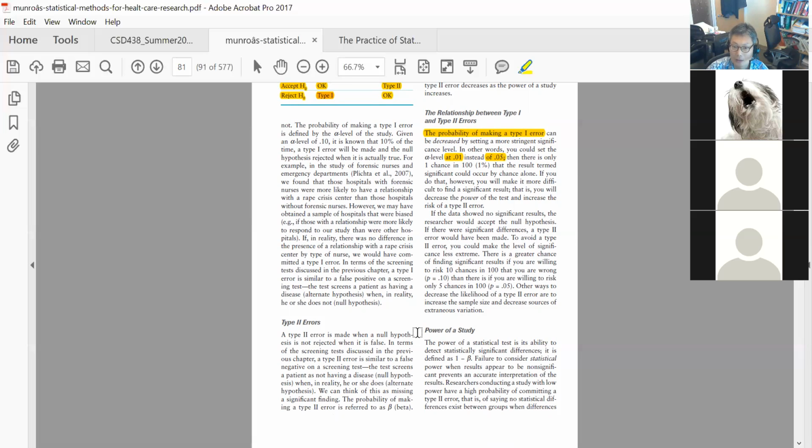So conceptually, the power means this: its ability to detect a statistically significant difference. That's what we want. When the power gets higher and higher, its ability to detect a certain significant difference gets better and better.